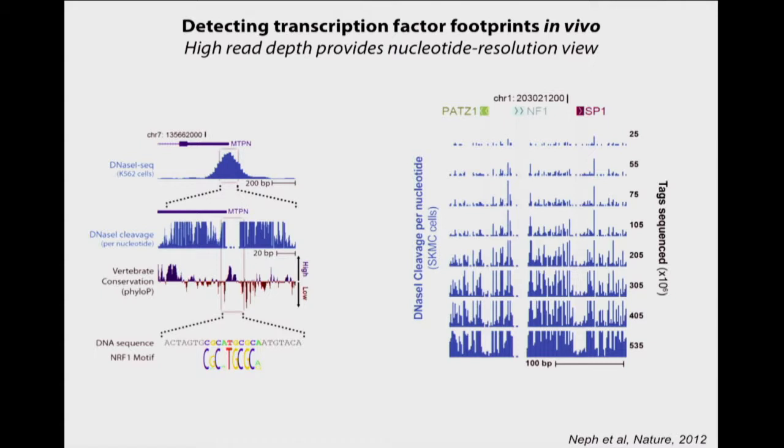What I'm not going to go into, although you can ask me the question later if you want, but I'll give you the gist of it, is that it turns out the depth of this footprint is basically a direct readout of the average occupancy of that factor on that piece of DNA, and it's also directly related to the affinity of that piece as well.